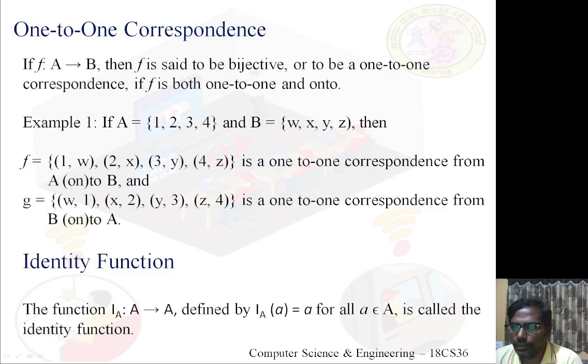Now what does one-to-one correspondence mean? It's a function from A to B which is both one-to-one and onto.